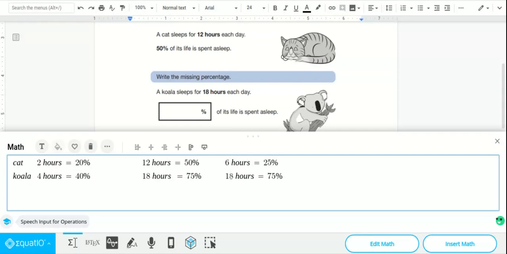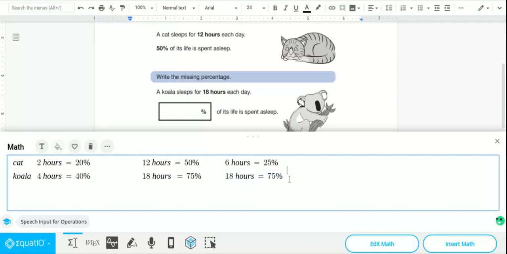Now, 6 can go into 18. 6 goes into 18 how many times? 3. All you do is 25 times 3, which is 75%. So, a cat sleeps for 12 hours, which is 50%. A koala sleeps for 18 hours. What's his percentage of his life spent asleep? It's 75%. So here was the example I gave initially, and this was the question.